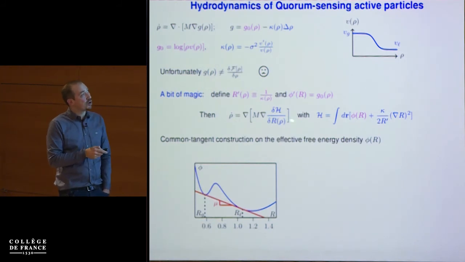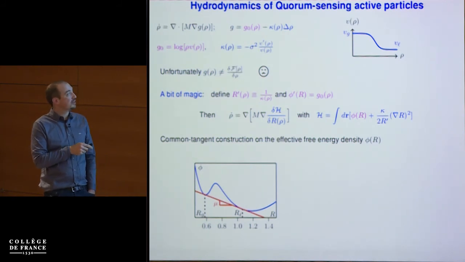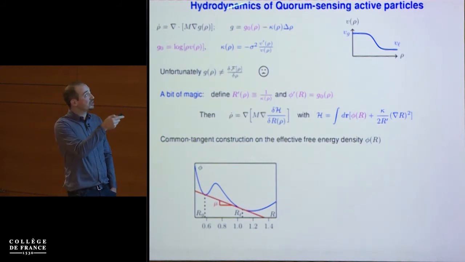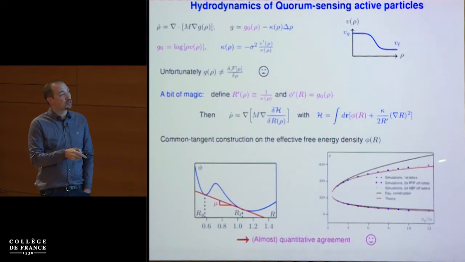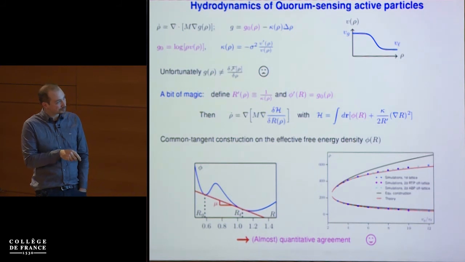The good thing is that now, if I want to get the steady state of this system, I just have to extremize h with respect to r. That leads to exactly the same common tangent construction as before, but now on this new function phi of r. I can do that for my model. That allows me to predict, in red, the coexistence densities as a function of the ratio between the speed at low density and the speed at large density.